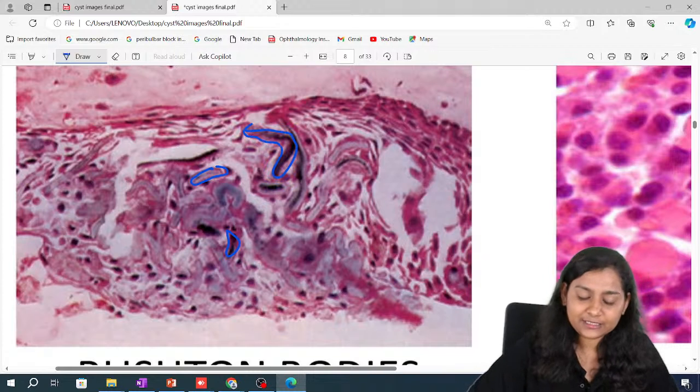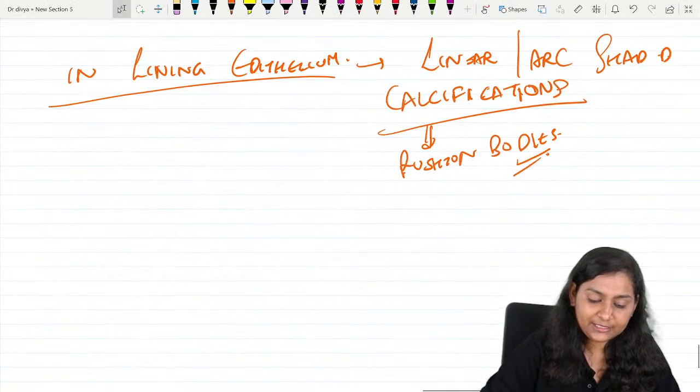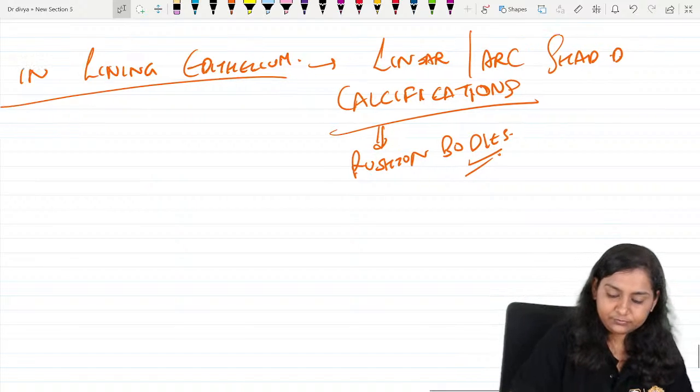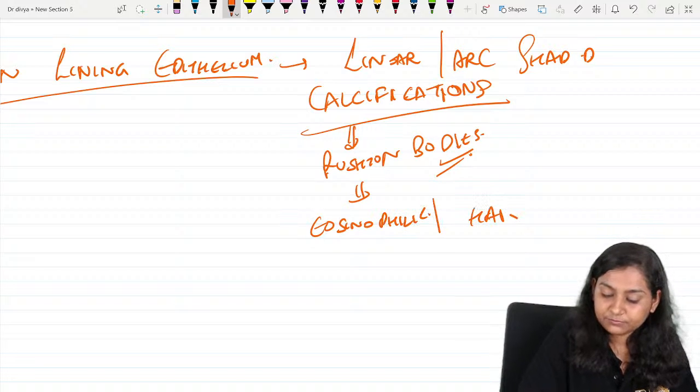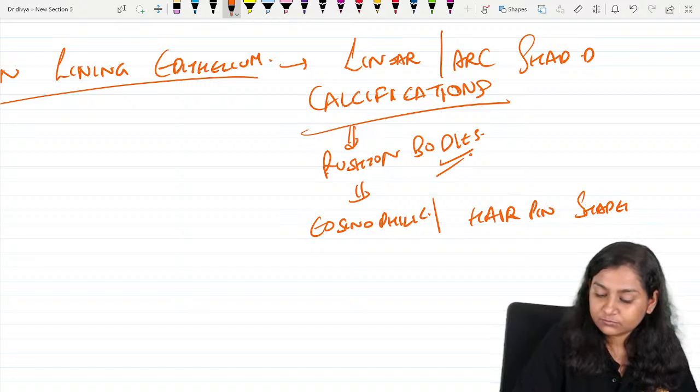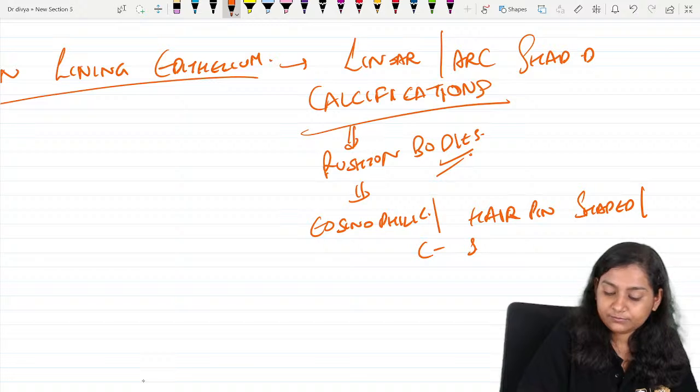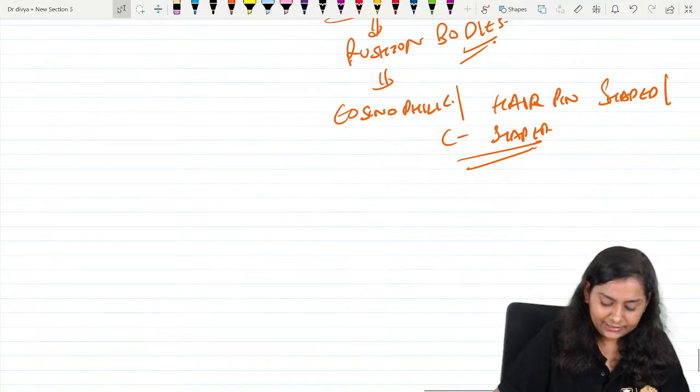These are eosinophilic, hairpin-shaped, C-shaped bodies seen in the lining epithelium.